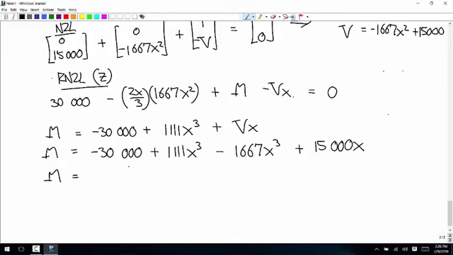So the bending moment is equal to negative 555x³. It's 5, right? Yeah, I'm going with the subtraction here because of that negative sign. That's what the negative sign means.